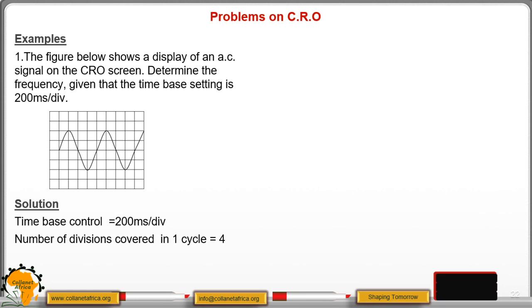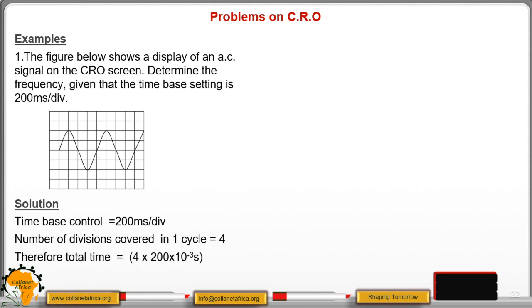In our case here, if you count, the number of divisions covered in 1 cycle is 1, 2, 3, 4. So 4 divisions, up to this position. That is 1 cycle.